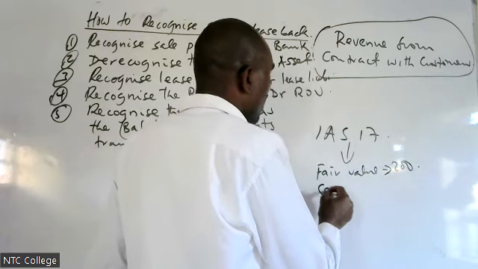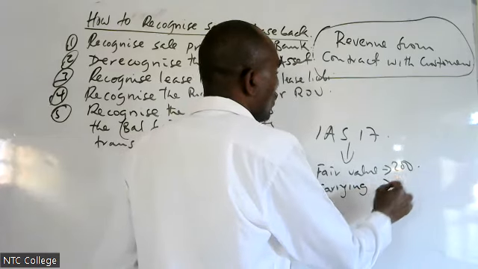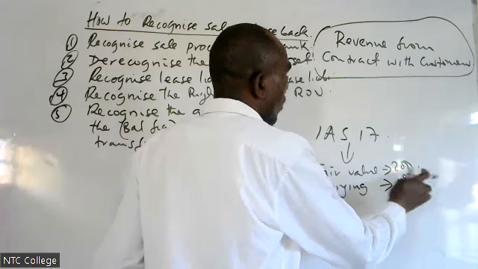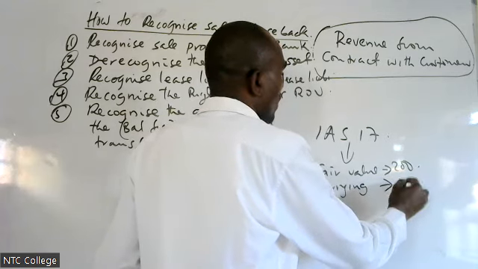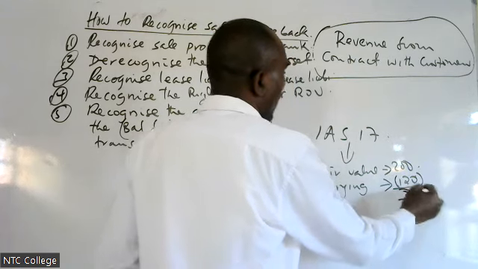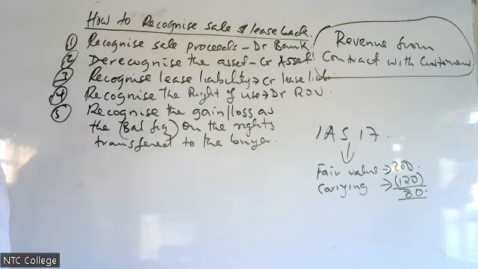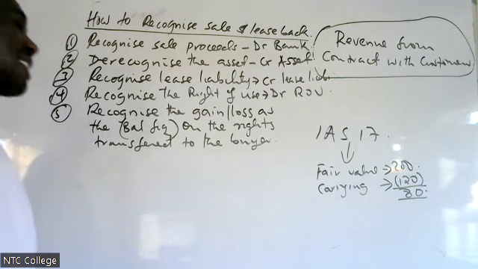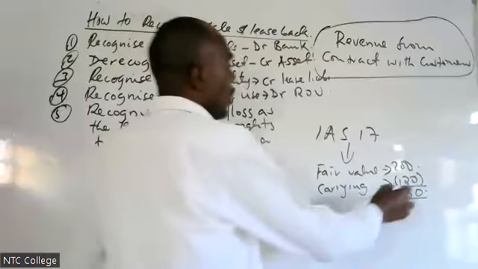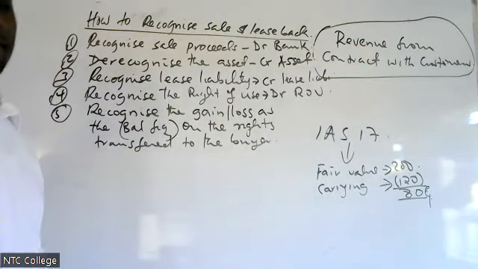Then the carrying amount, the book value, is 120. Definitely, you had a gain of 80. That is what we recognize according to IAS 17. But when we change to IFRS 16, my brothers and sisters, now we don't recognize this gain of 80.